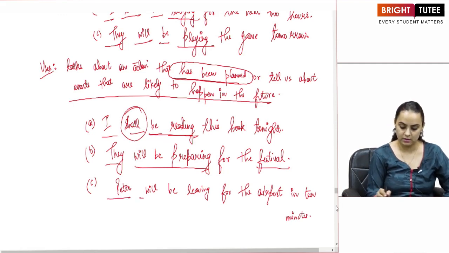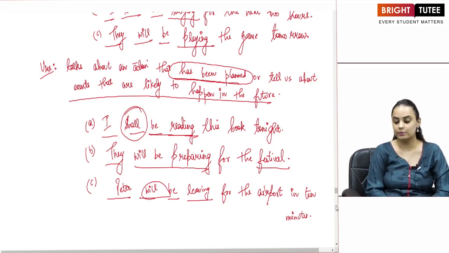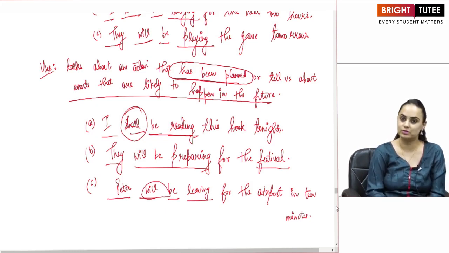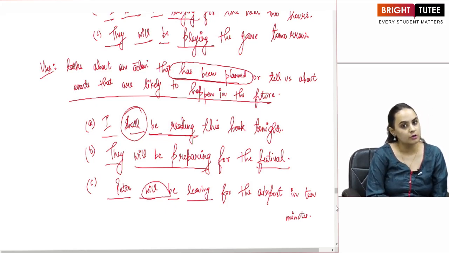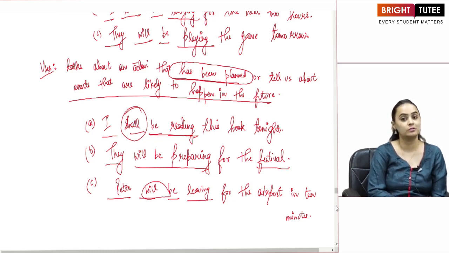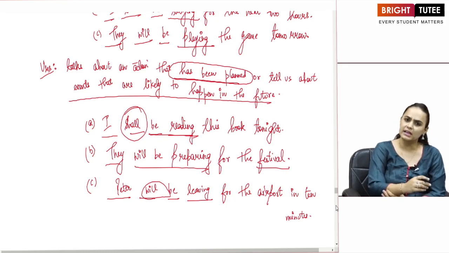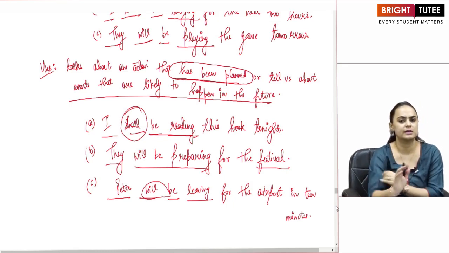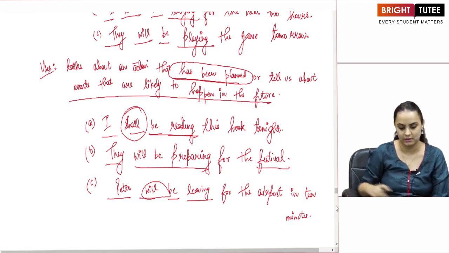So for Peter, we use will plus be and the ing form of the verb. So Peter will be leaving for the airport in 10 minutes. So where do we use the future continuous tense? To talk about some action that you have already planned that will take place in the future, or anything for that matter that will take place in the future, we use the future continuous tense for that.